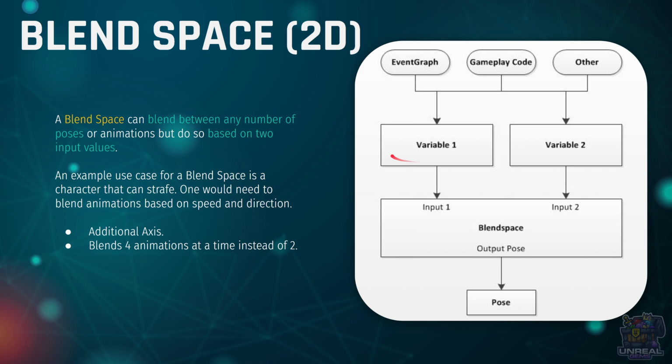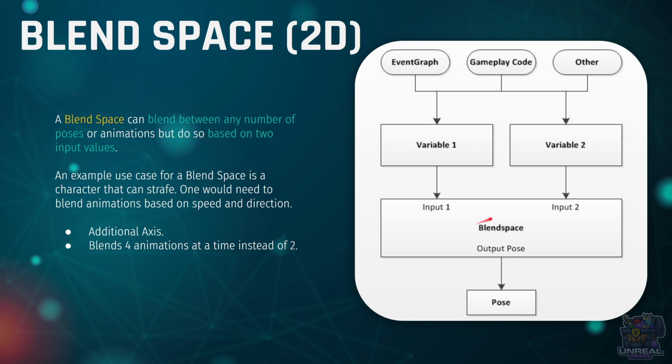So we would have the first variable being the speed of the character, which means that the character will run, walk, or stay idle. And the second variable in this case will be the orientation of the character, so the direction of the character. Depending on that variable, the character is going to strafe left, right, or whatever.